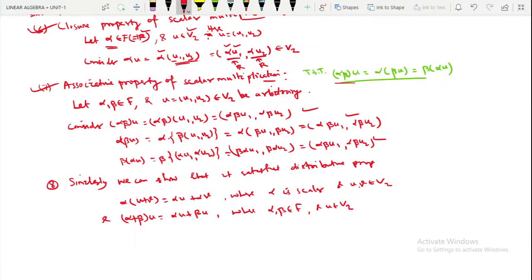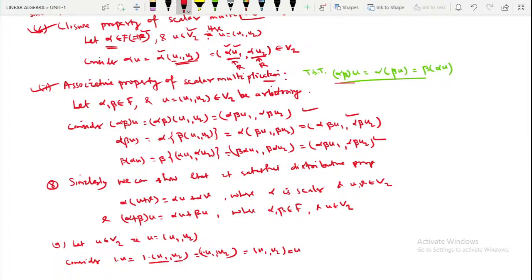Then what is the ninth property? The ninth property: let u belong to V2, that means u is (u1, u2), and if I multiply 1 here, that is 1 into u, that will be 1 into (u1, u2), which is (u1, u2), meaning 1 into u1 is u1 and 1 into u2 is u2, which is u.